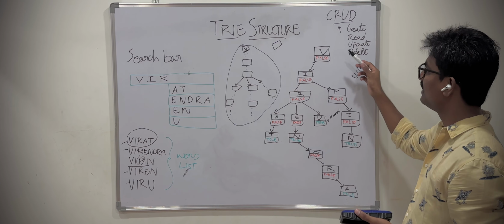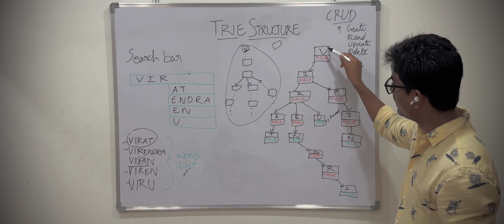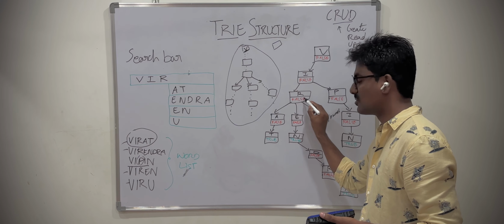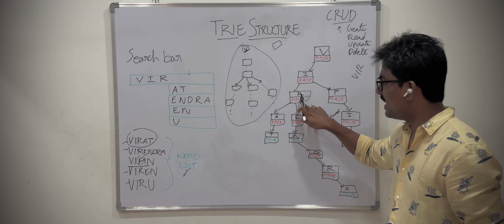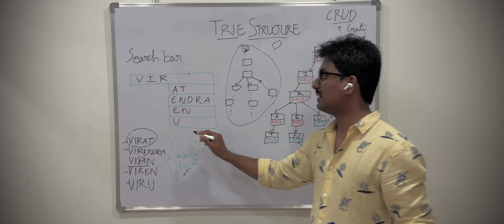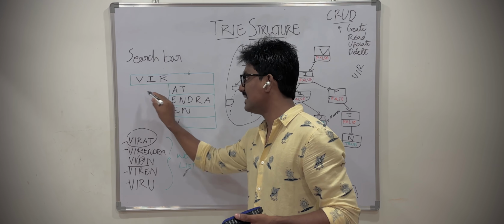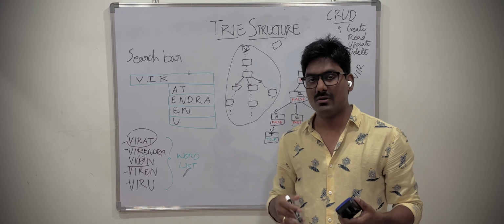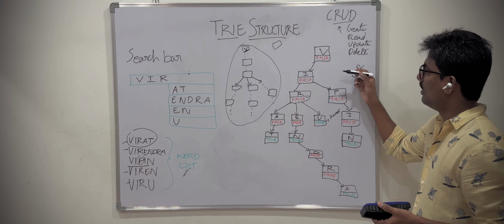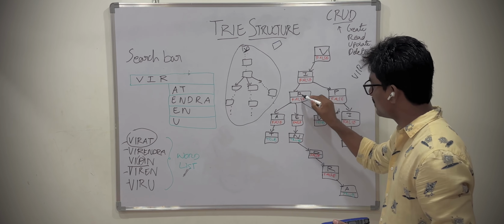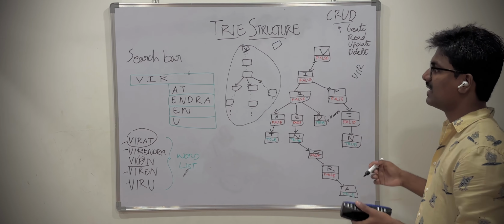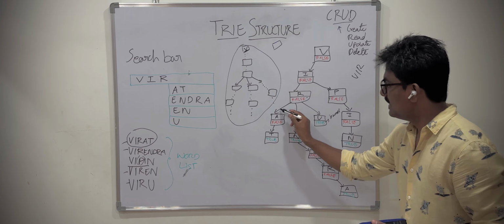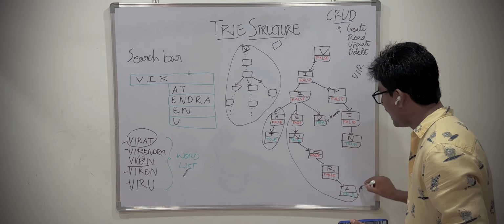In that case, when you are inserting VIR, you will make this particular thing true, and in this list I will show VIR itself as a word. In the UI you can show it that way. In this particular case, this is false, so this is not a word. In our search bar we have entered VIR, so these things we have to consider.